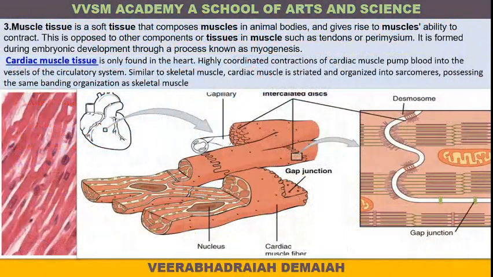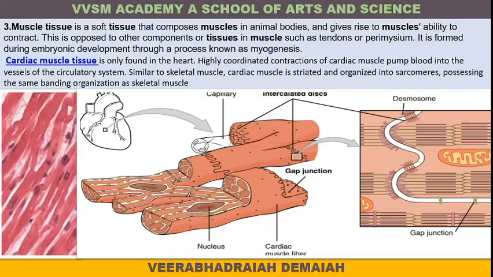Muscle tissue is the soft tissue that composes muscles in animal bodies and gives rise to muscles' ability to contract and expand. This is opposed to other components of muscles such as tendons or perimysium. It is formed during embryonic development through the process known as myogenesis. Cardiac muscle tissue is only found in the heart.